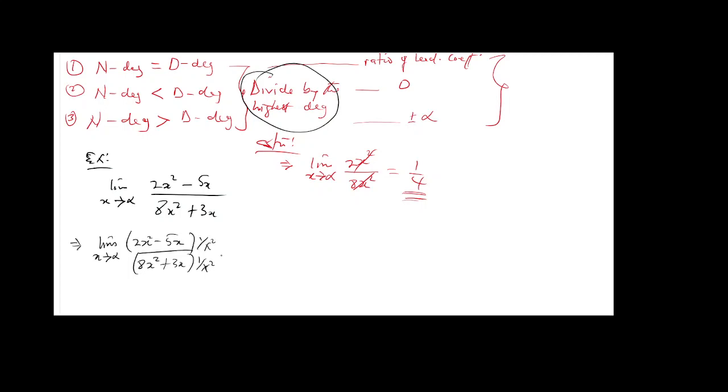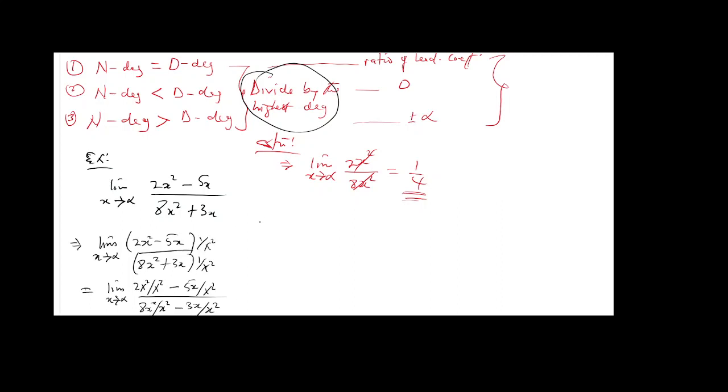All right, if we distribute, we are going to have the limit as x approaches infinity of 2x squared all over x squared, minus 5x all over x squared, all over 8x squared all over x squared, minus 3x all over x squared.